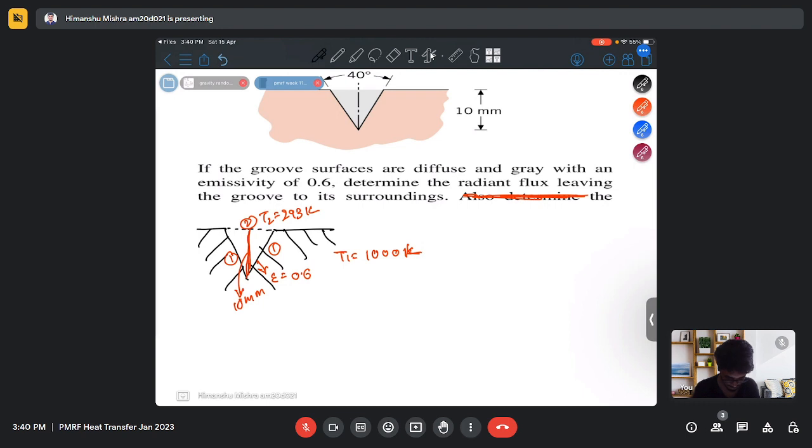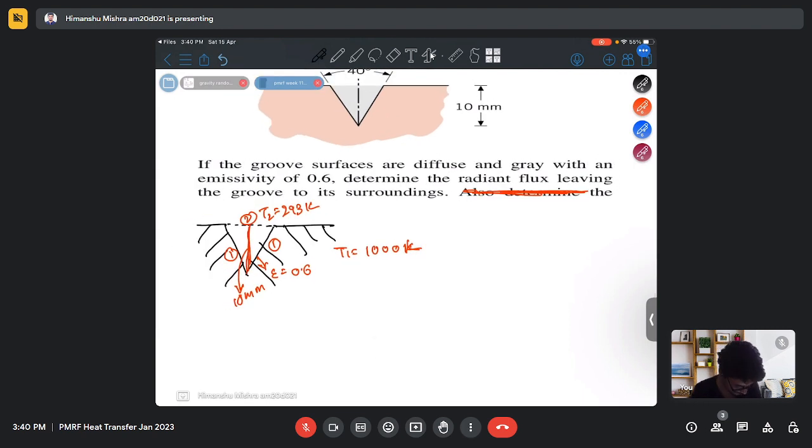So by using the resistance concept, we can just formulate the resistance for every surface.